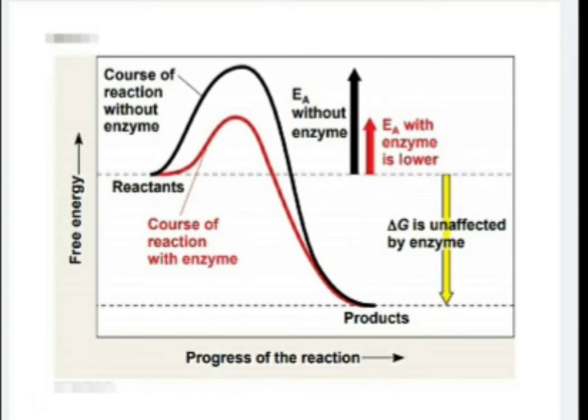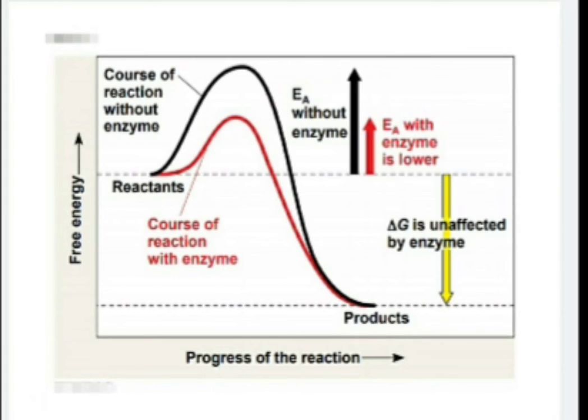Now this is the figure of the reaction being done with the help of an enzyme and the course of reaction without the enzyme. The course of reaction with enzyme is shown with the red curve, and the course of reaction without enzyme is shown with the black curve.